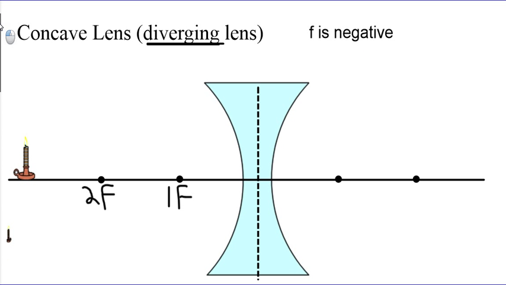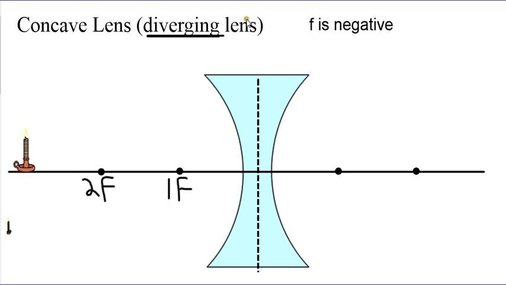Now, for diverging lenses. These are going to be where the focal length is negative, and remember these are double concave, so it's concave on both sides. So let's take a look at this. If we have our object here, the principles are going to be very similar, and let me use a solid line.